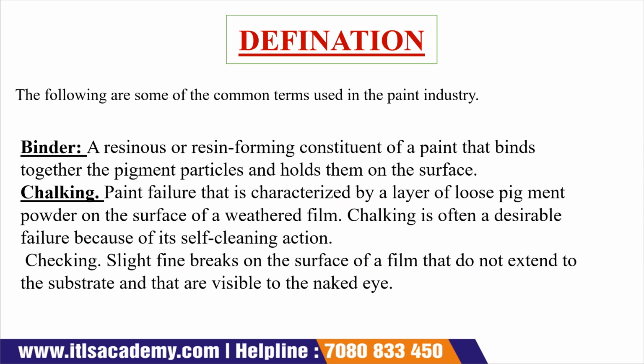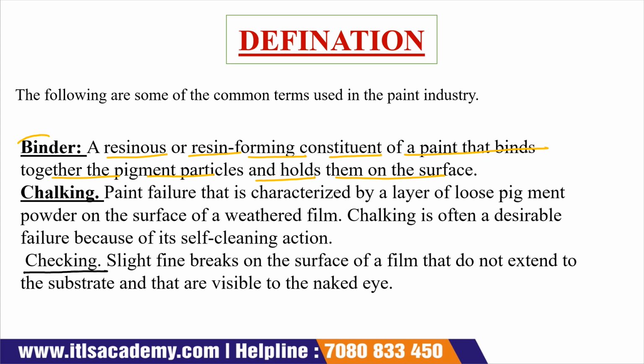Now we are going to discuss certain definitions for understanding this chapter, because without understanding these definitions we cannot understand the chapter. The first one is binder. A binder is defined as a resinous or resin-forming constituent of a paint that binds together the pigment particles and holds them on a surface.